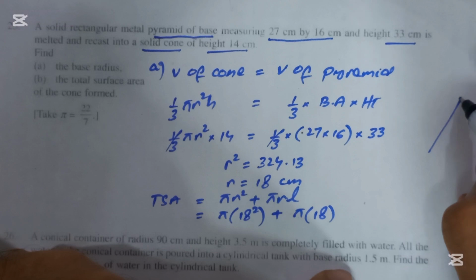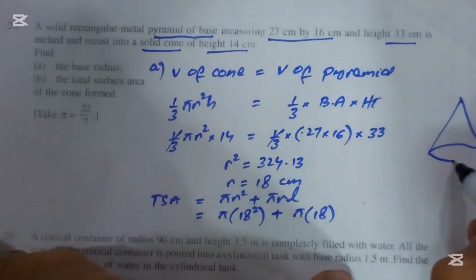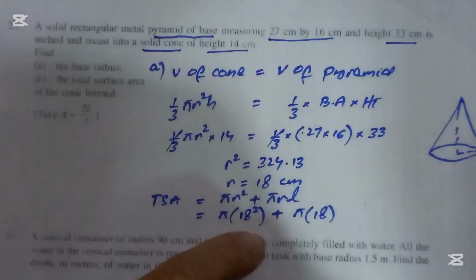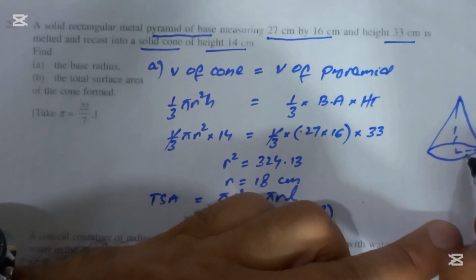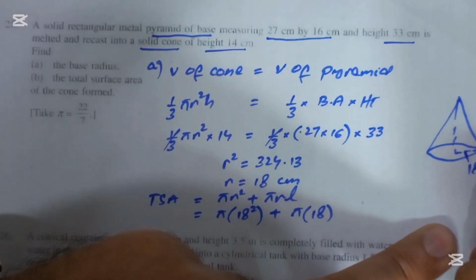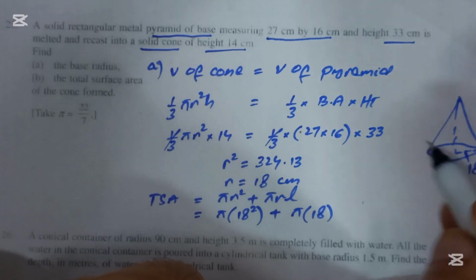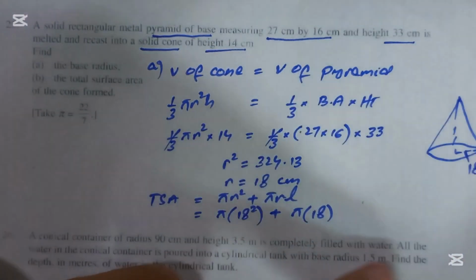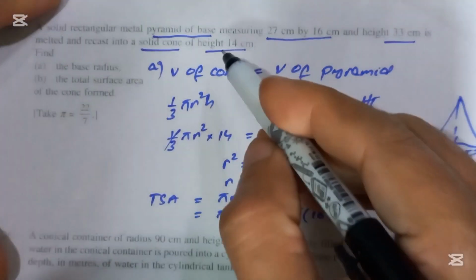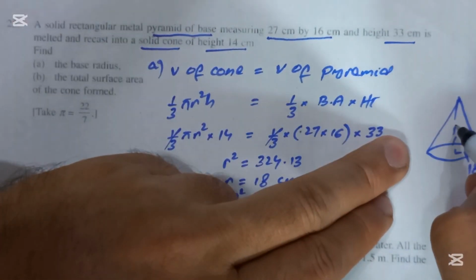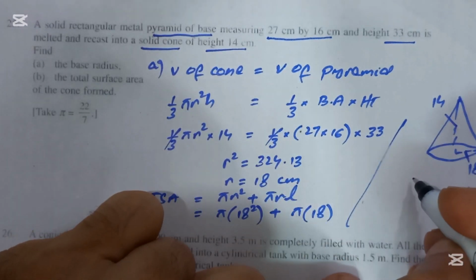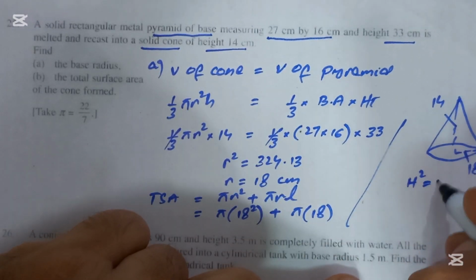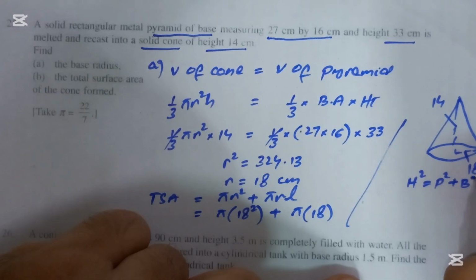So draw the cone. Radius of the cone is 18, and height of the cone is 14. So apply the Pythagoras theorem here. That is, hypotenuse square is equal to perpendicular square plus base square.